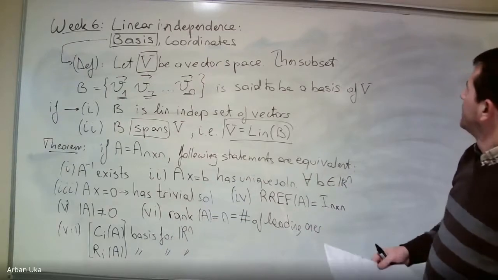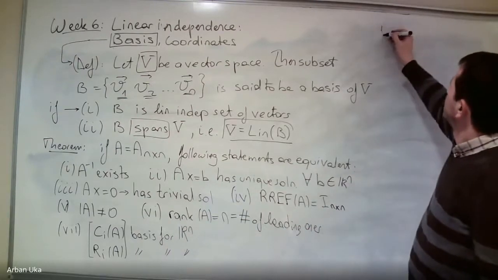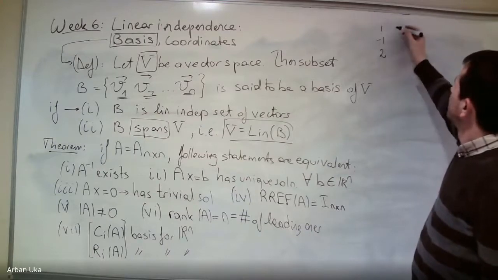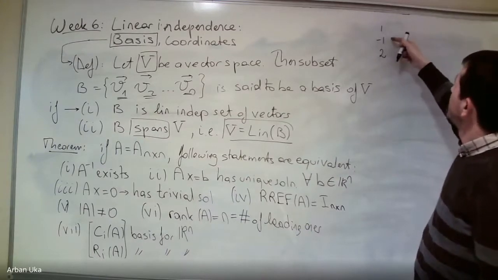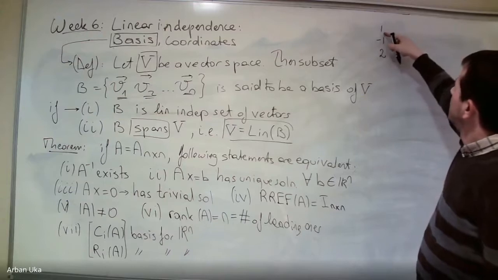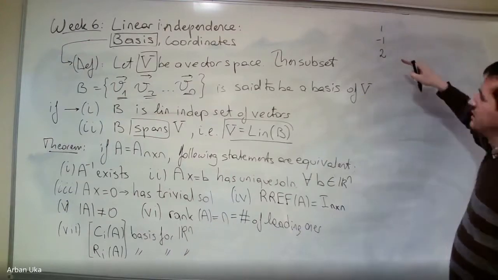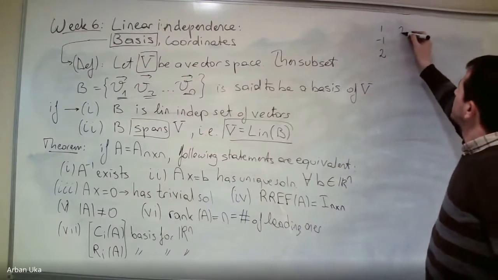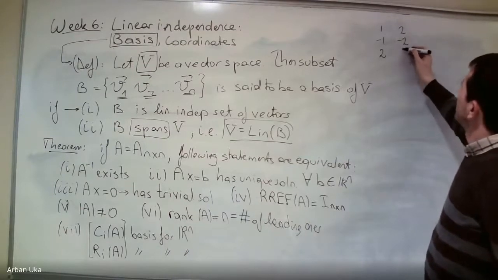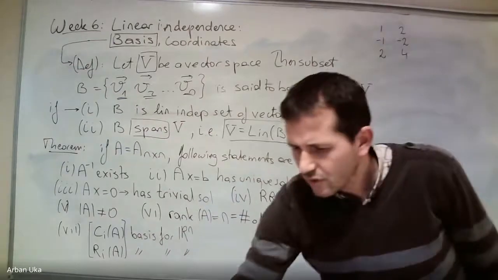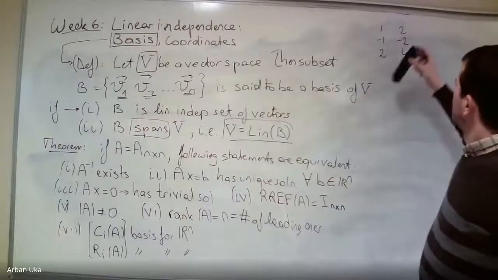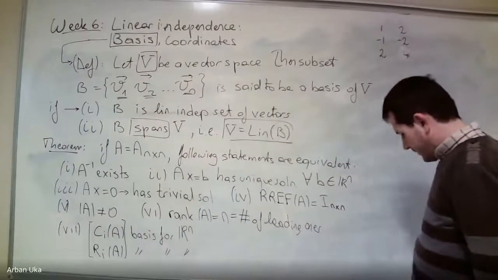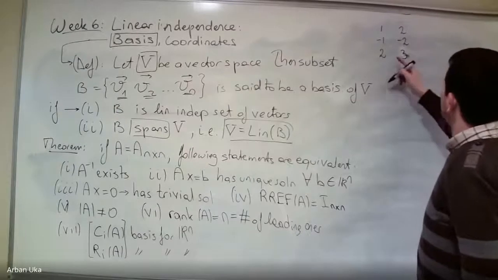We can come up with a vector 1, minus 1, 2, and another vector which is linearly independent to this. How can we construct a vector which is linearly independent to this? Let's multiply by 2. We get 2, minus 2, 4. Now, in order to make them linearly independent, from 4 we make this 3.